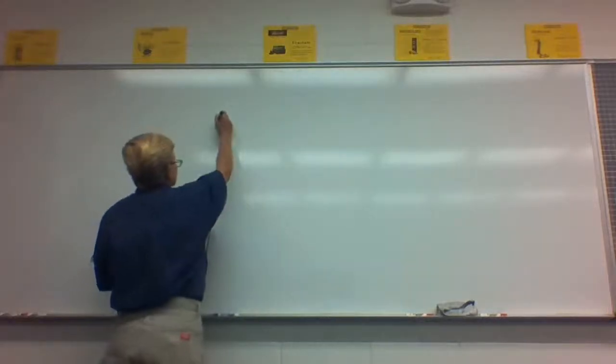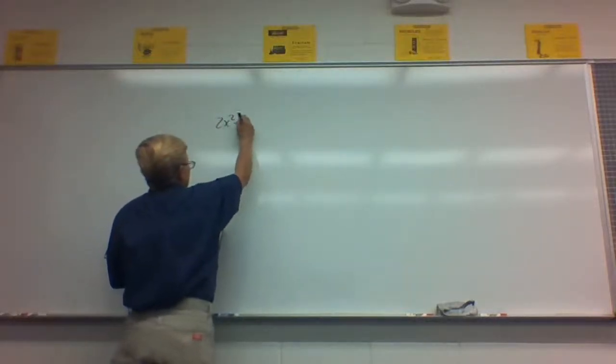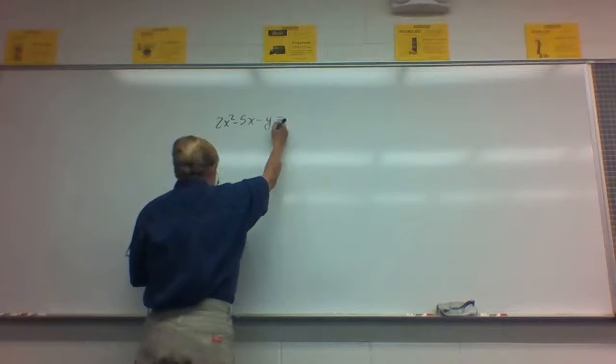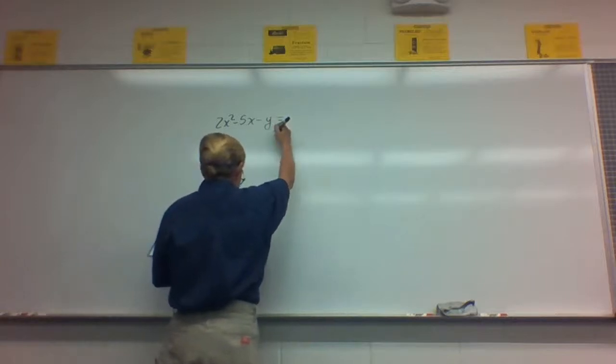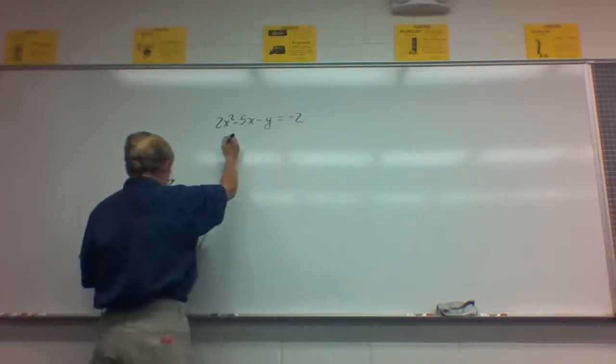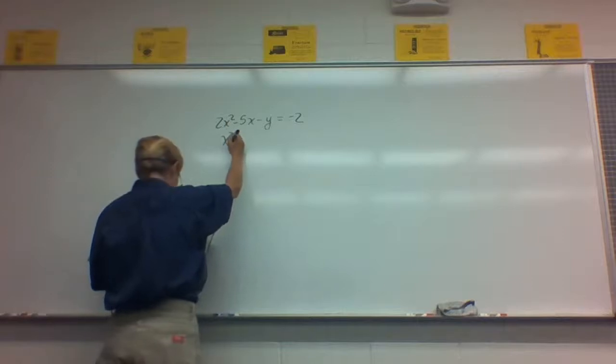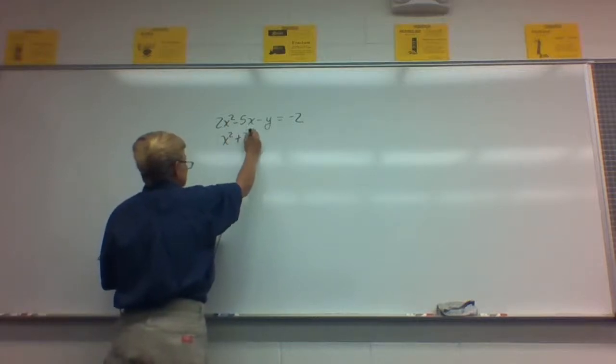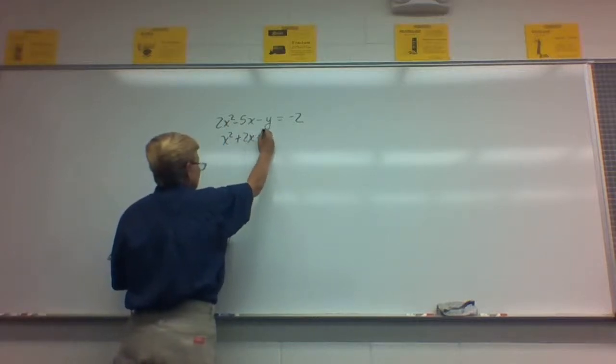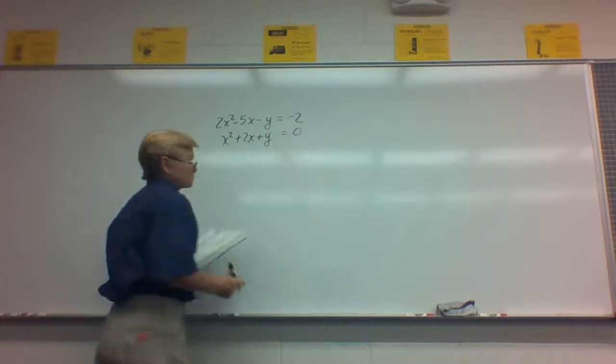And we have the system 2x squared minus 5x minus y equals -2. And we have x squared plus 2x plus y equals 0.